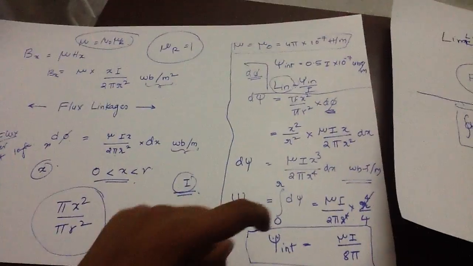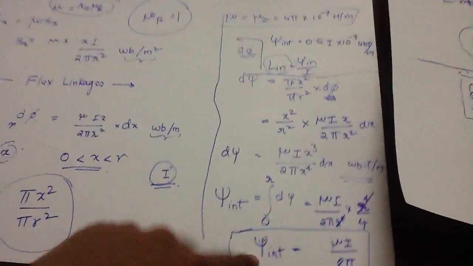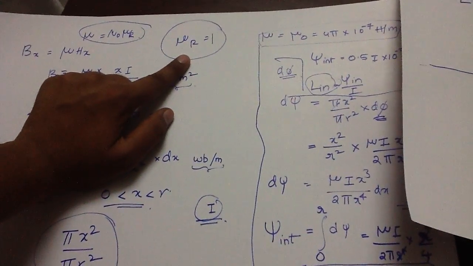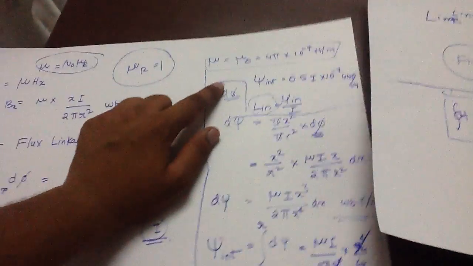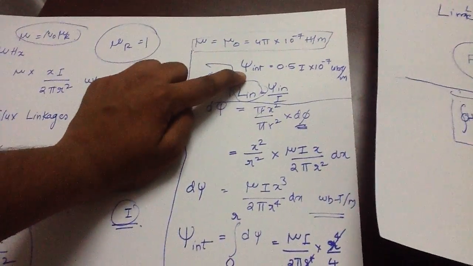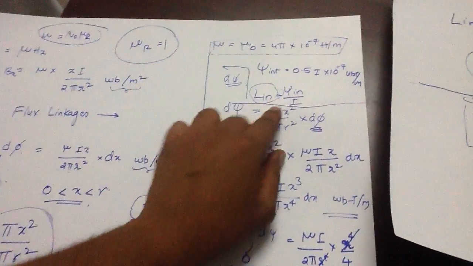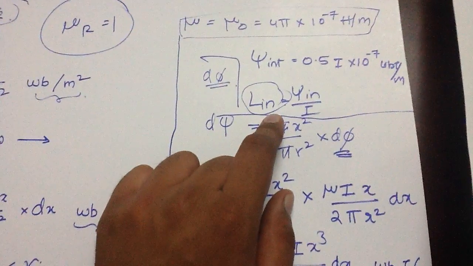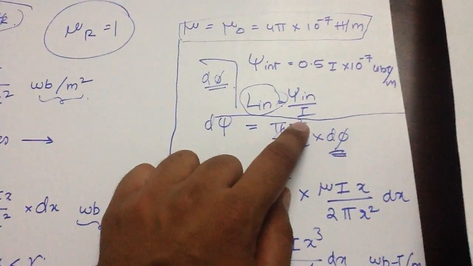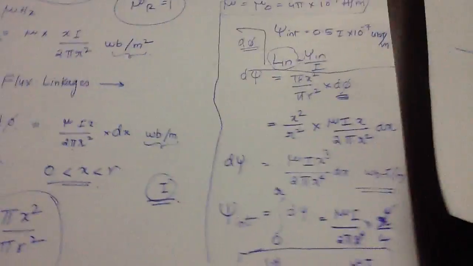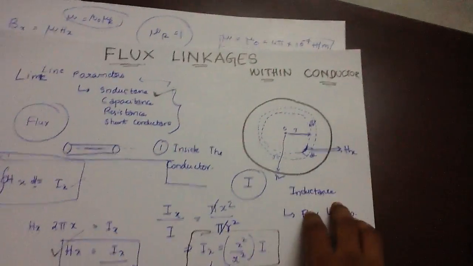After getting that, you can substitute mu r is equal to 1 since our conductor is of a non-magnetic material, and by taking mu as 4 pi into 10 power minus 7 Henry per meter, you can calculate the internal flux linkages. You can also calculate inductance from this by dividing the total internal flux linkages by I. So this is how you calculate flux linkages within a conductor.